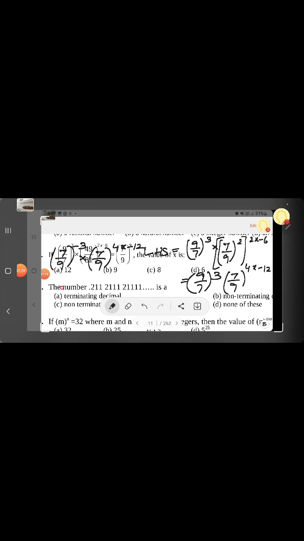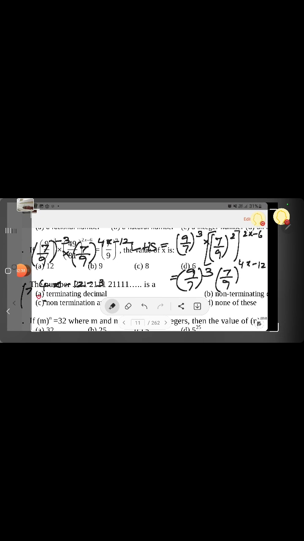Now adding the powers, we get 4x minus 12 minus 3, that is (7/9)^(4x minus 15). The RHS is (7/9)^9.